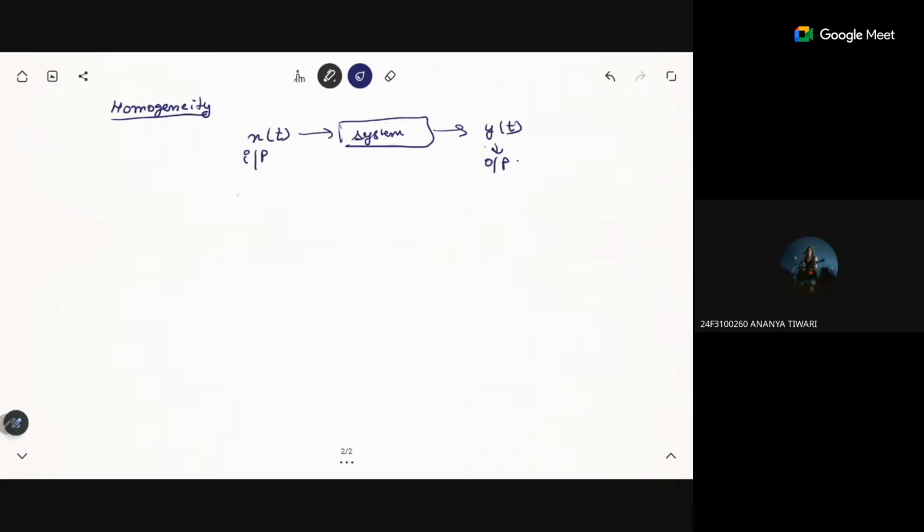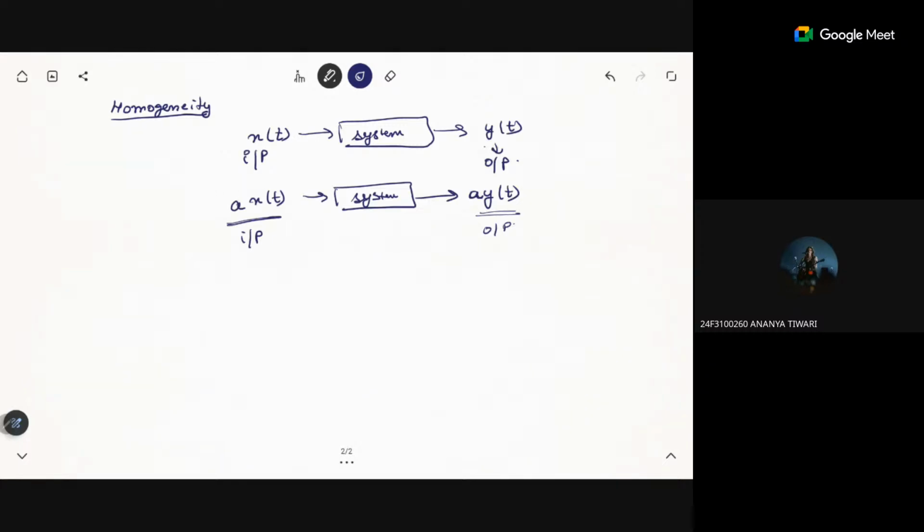Now if my signal is scaled, a times x(t), and I give it to the system, my output is a times y(t). So the input is scaled, and similarly the output is also scaled by a. This is homogeneity, basically a multiplicative property.